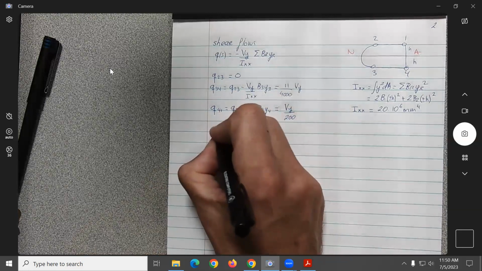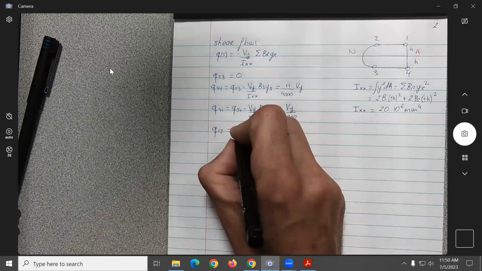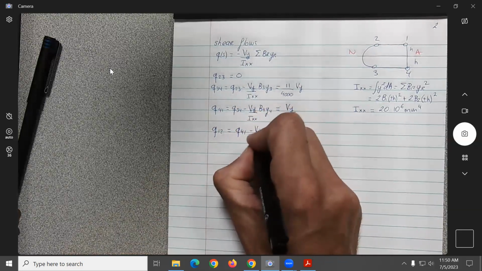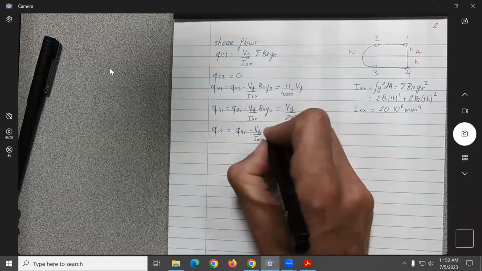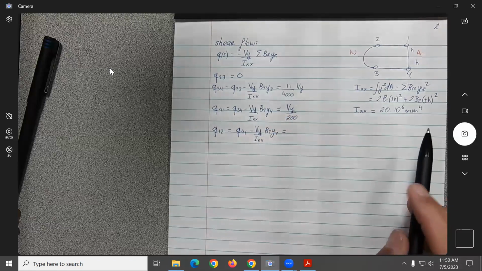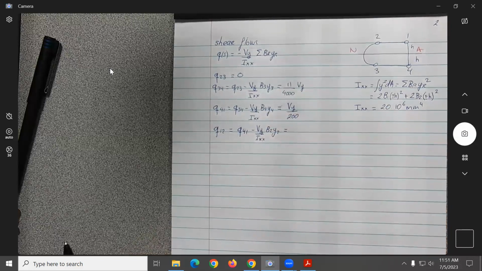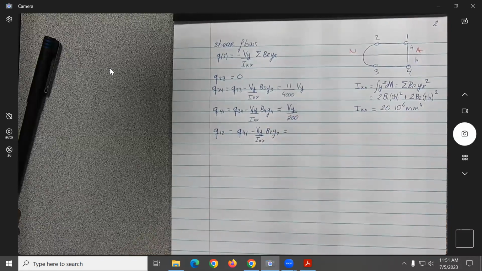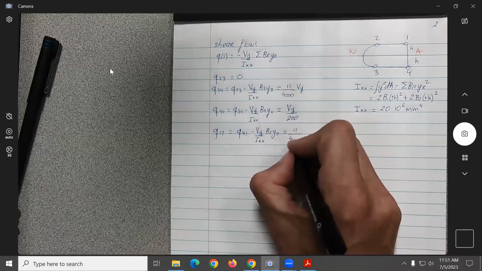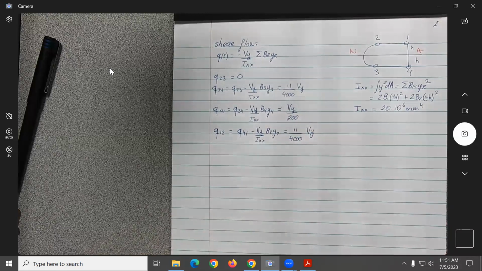And finally, q12 will be equal to q41 minus Vy over Ixx of B2 y2. If we did everything correct, that one should be equal to q34, no? So you do that, you're going to get again 11 over 4,000 Vy.